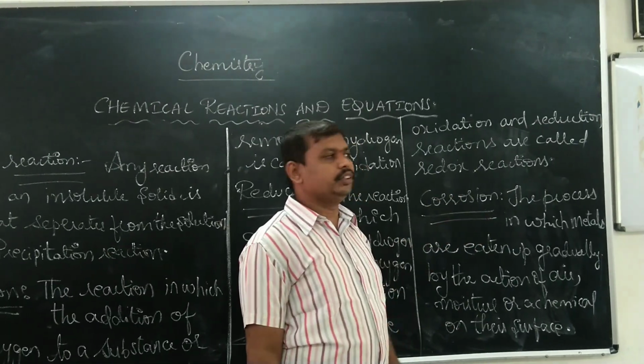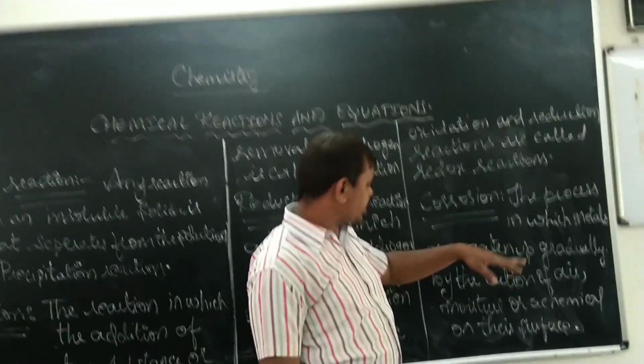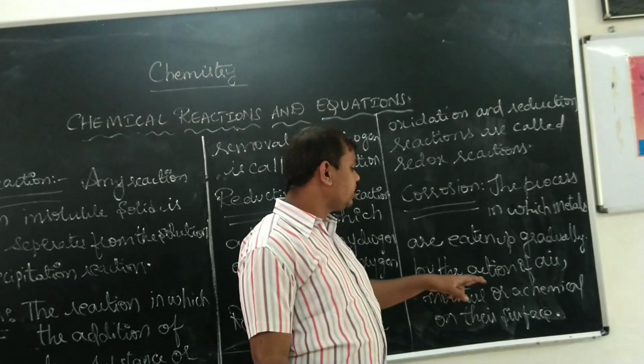Corrosion. What is corrosion? It is the process in which metals are gradually eaten up by the action of air, moisture or chemicals on their surface.